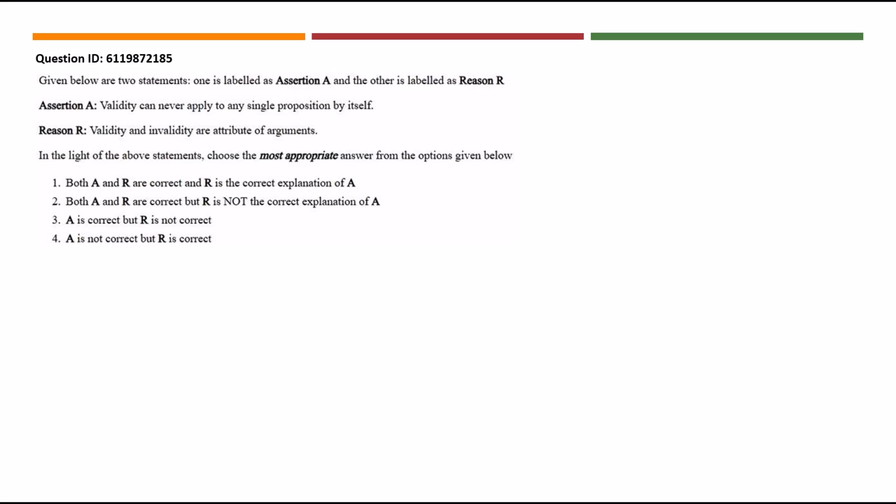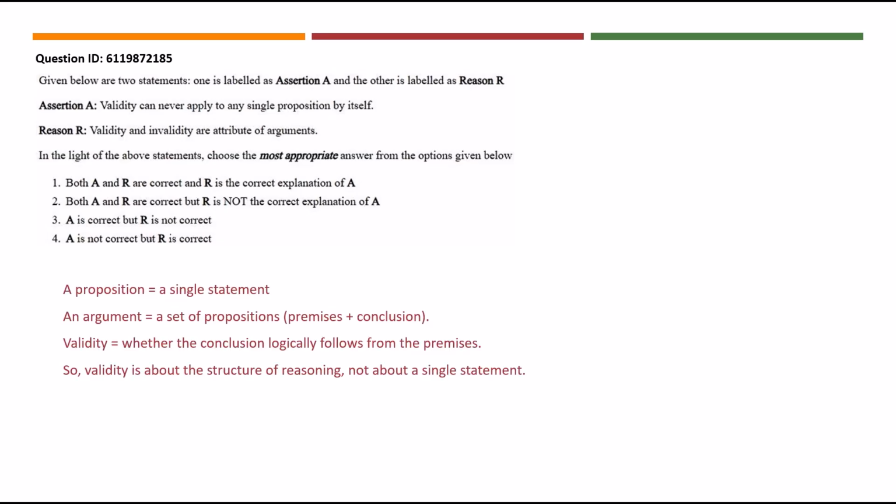We have already learnt about the attributes of arguments in the previous year question paper. What is a proposition? It's a single statement. An argument is a set of propositions which can contain premise and then conclusion. What is validity? Checking whether the conclusion logically follows from the premises is validity.